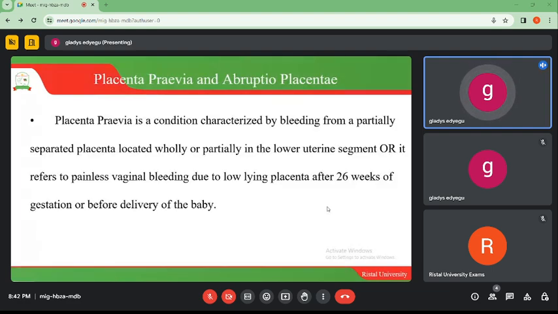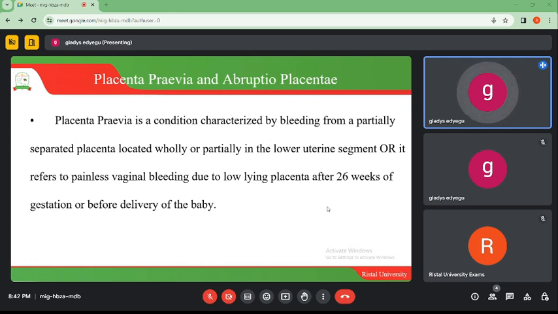Placenta previa and abruptio placentae are the major causes of antepartum hemorrhage, and I want us to understand what placenta previa is, what happens in placenta previa, and what could be the causes of placenta previa. So placenta previa is a condition characterized by bleeding from a partially separated placenta that is located wholly or partially in the lower uterine segment, or it refers also to painless vaginal bleeding due to a low-lying placenta after 26 weeks of gestation or before delivery of the baby.